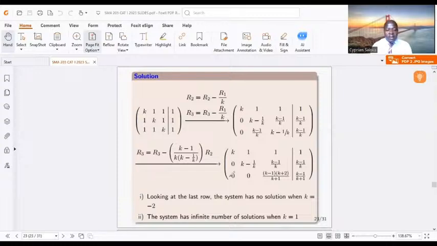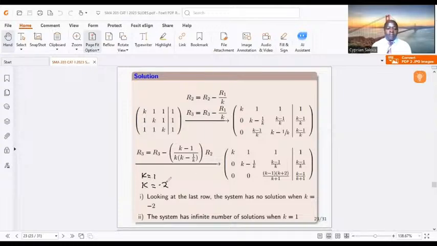That's what we want. So we want a scenario where this part is 0 and this part is non-zero. So when is this part 0? This part is 0 when k is 1, and when k is -2.